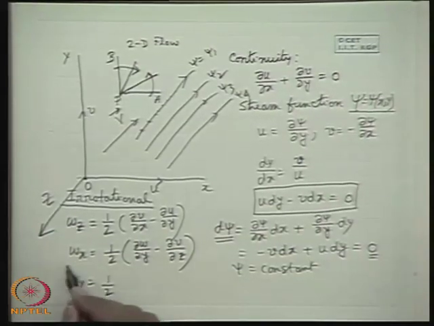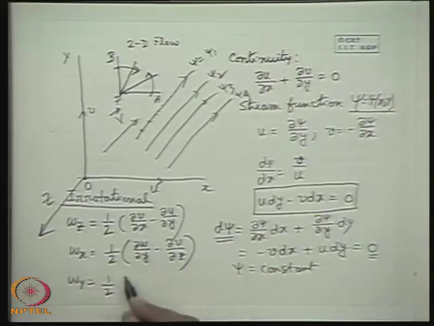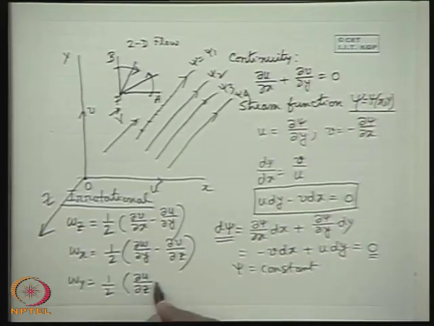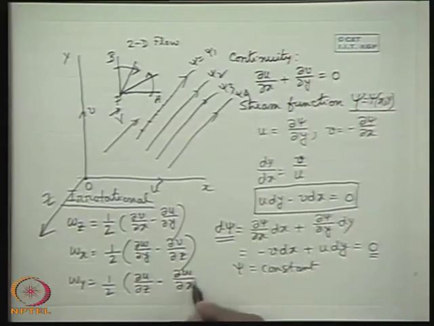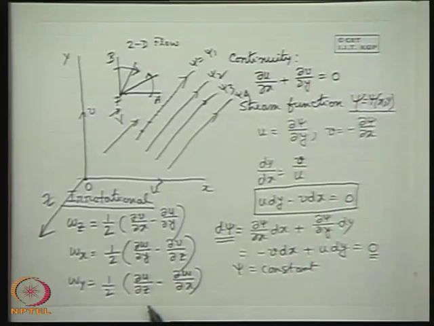That is omega x: del w del y minus del v del z. Similarly, with respect to y, it will be del u del z minus del w del x.